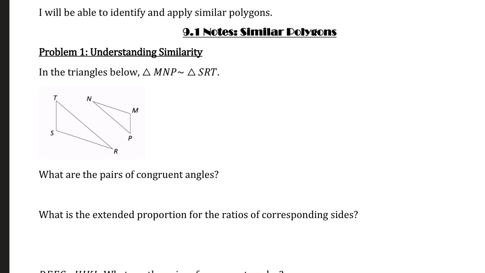In the last lesson we talked about congruence. Now we're talking about similarity. If you notice this symbol that looks like this, that means that items are going to be similar. Similar items will have angles that are congruent, but you're going to have sides that are proportional.